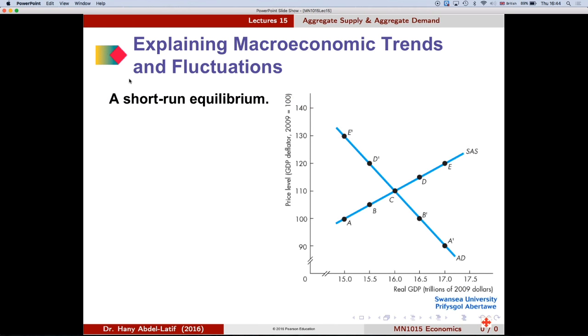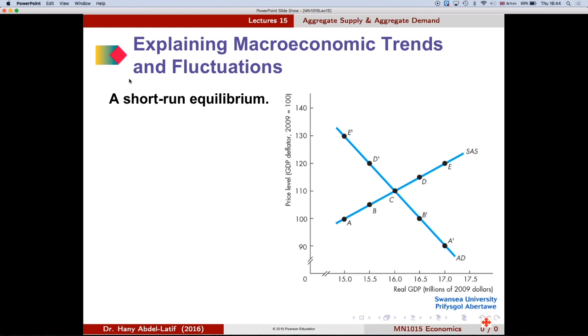So this is how it is. So that's the short-run aggregate supply. That's the aggregate demand curve. And this is the equilibrium point. So you can tell how much is the real GDP at that point and how much is the price level. Okay.